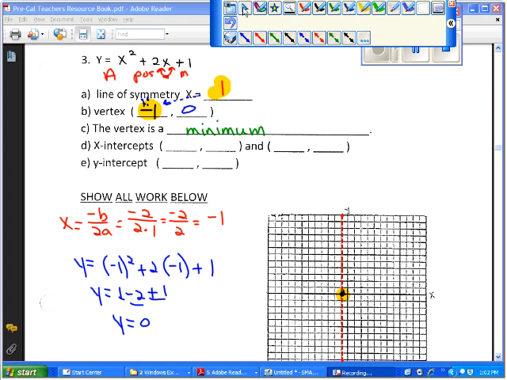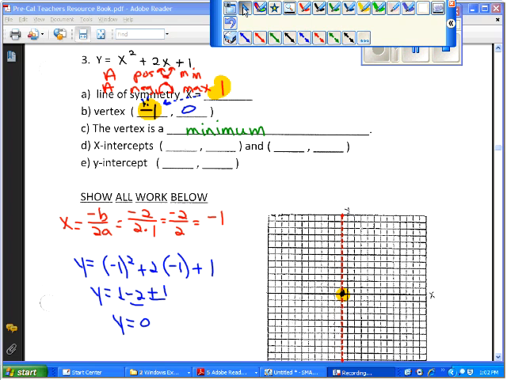Therefore, the vertex is a minimum. If A is negative, it opens down. Therefore, the vertex is a maximum. And that's in the notes in the first part of this. If it's y equal negative x squared, then the vertex will be a maximum.